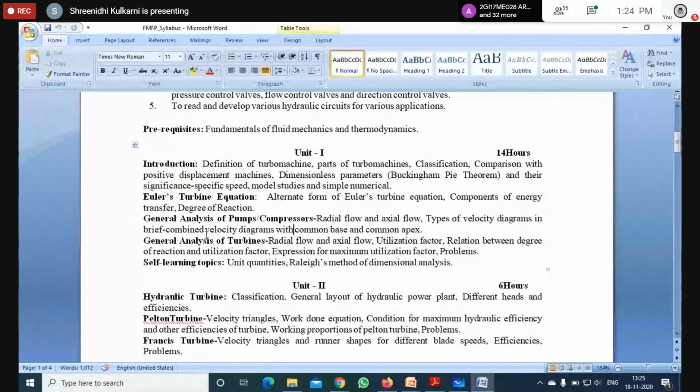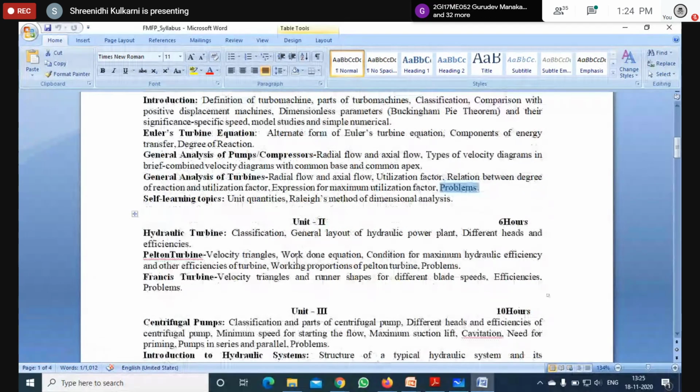Next, general analysis of turbines, radial flow, axial flow, utilization factor, relation between degree of reaction and utilization factor, expression for maximum utilization factor for axial and radial flow, and problems. So I covered all, and even problems for different cases.